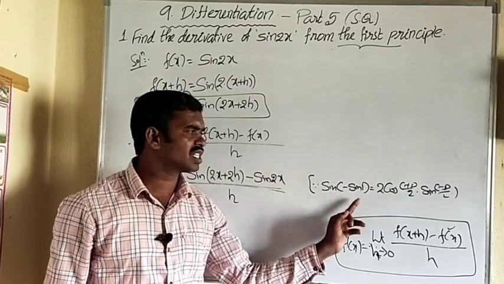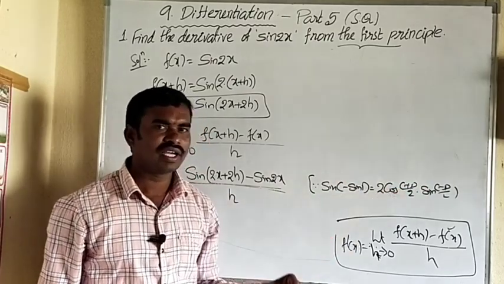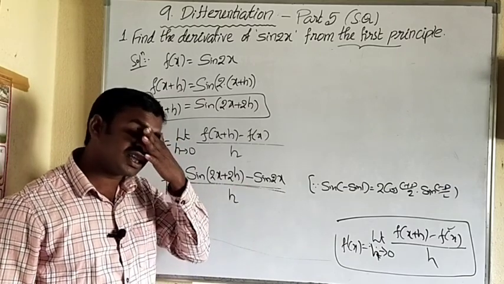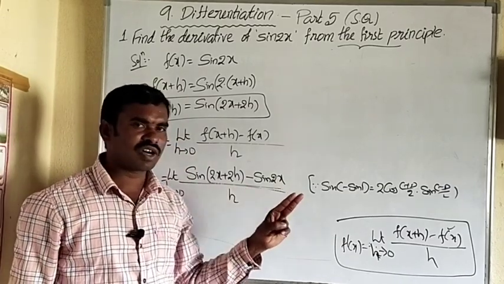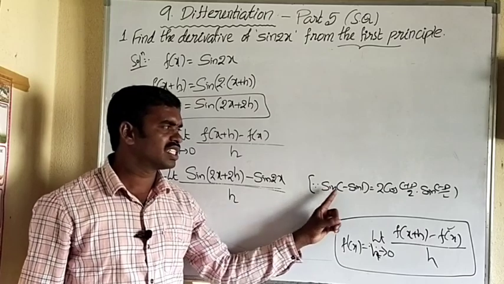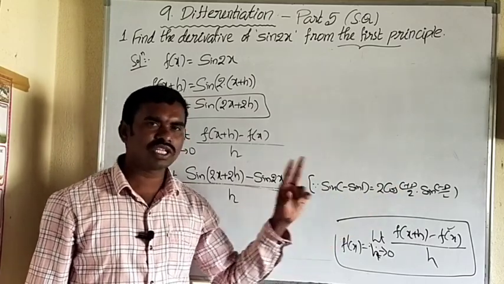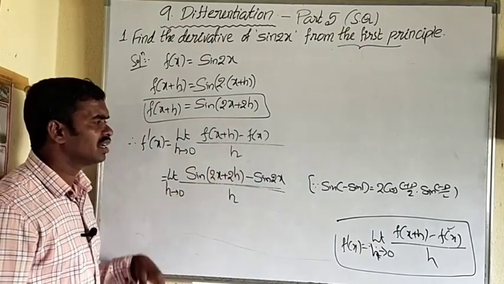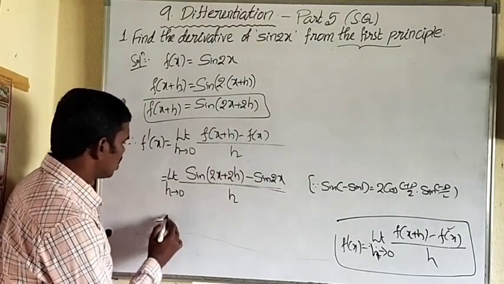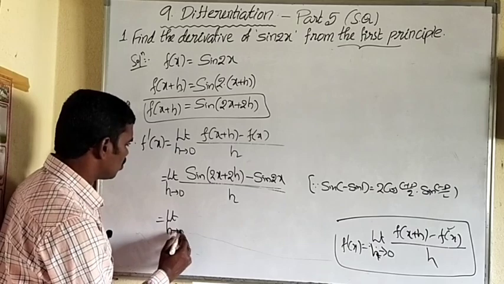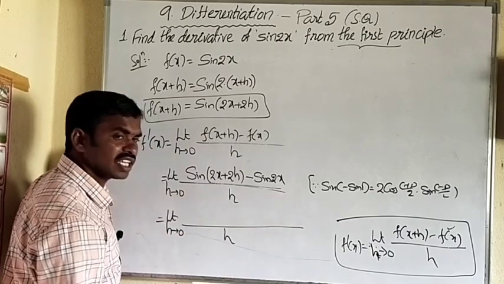The second formula, sin c minus sin d, is 2 cos sin. In limits and continuity and in this differentiation only 2 formulas are useful: one is the sin c minus sin d formula, and the second is the cos c minus cos d formula.